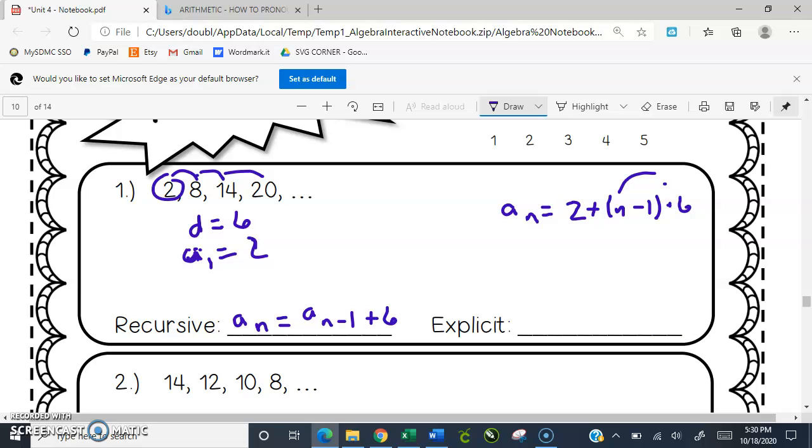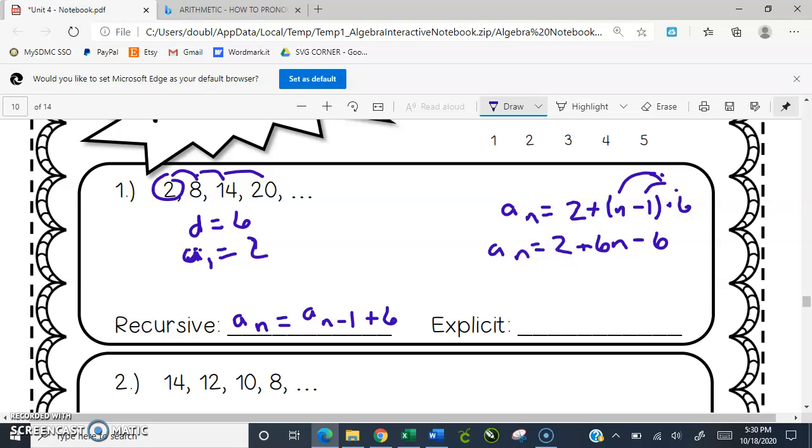So let's distribute this. So 2, and we have 6 times n gives us a 6n. 2 plus 6n, and then we have 6 times a negative 1 gives us a negative 6.